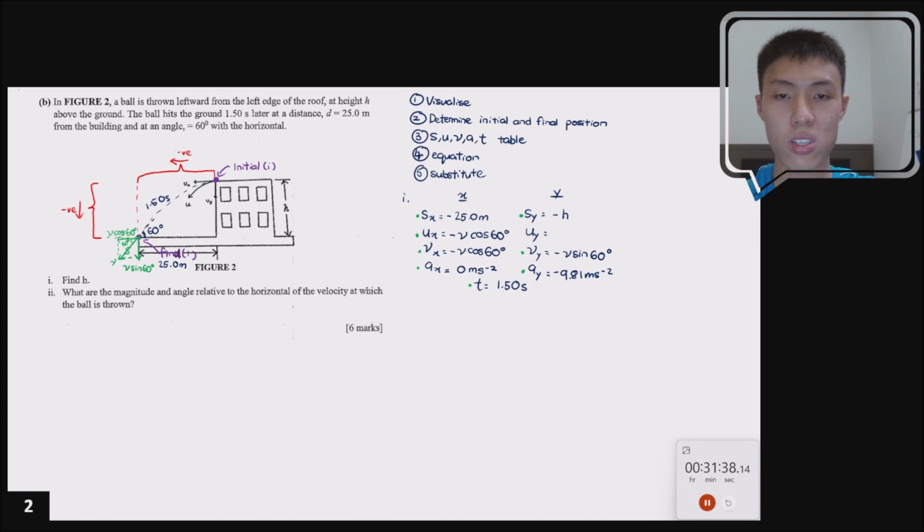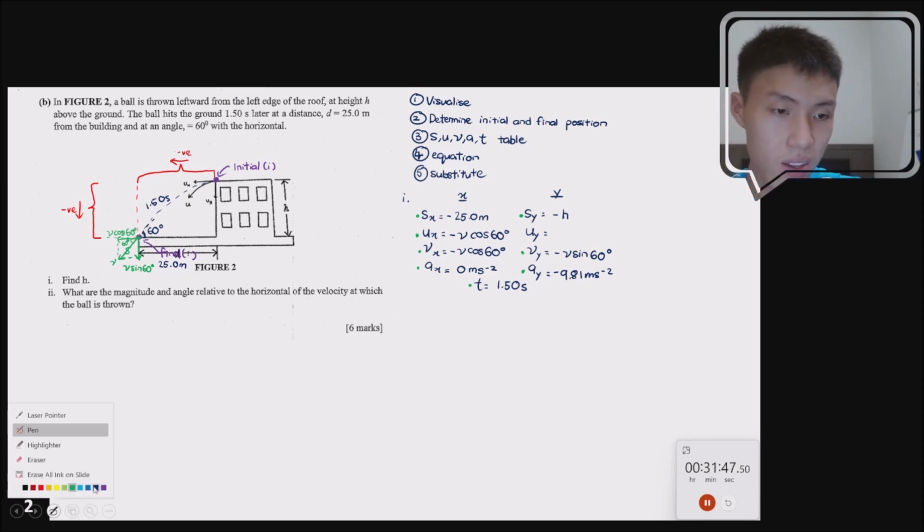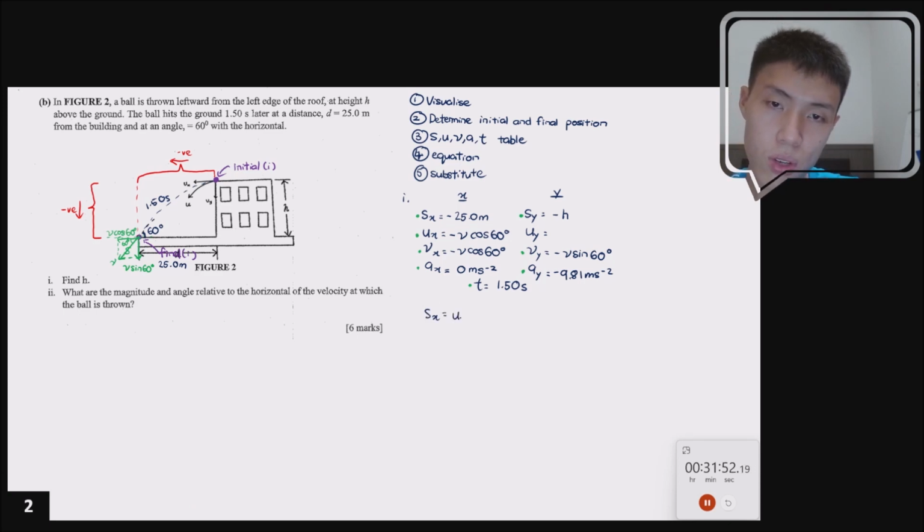So you want SUAT or SVAT, and I believe there's an equation for SUAT, and the equation will be sx is equal to uxt plus half ax t squared. This equation has s, u, a, and t. That's what we want. We have t, a, and s, and u contains the v that we want to find.